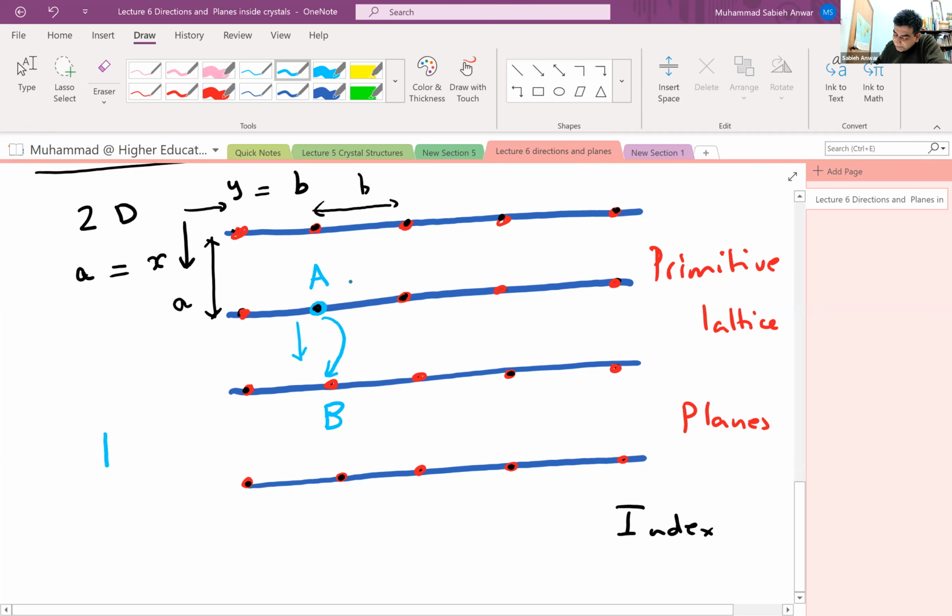Then I do a similar hop from point A to point C along the y-axis and count the number of crossings of planes that I encounter. I just see one crossing, and that is at C itself.